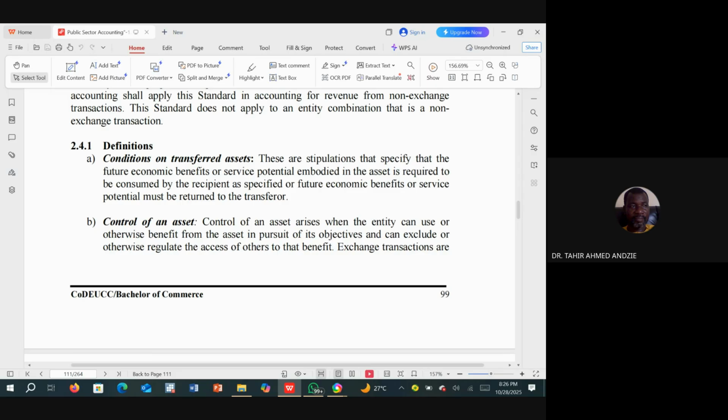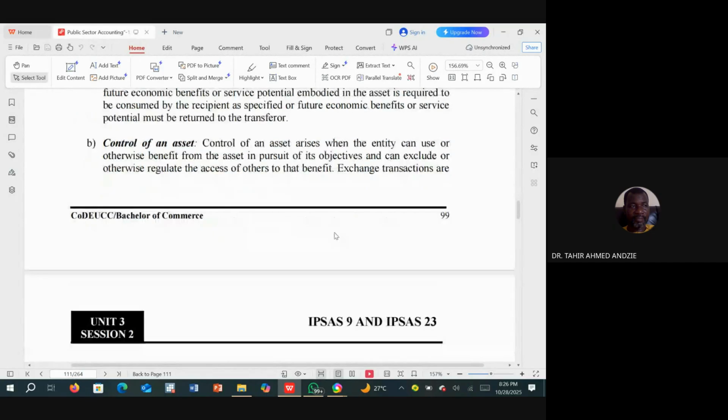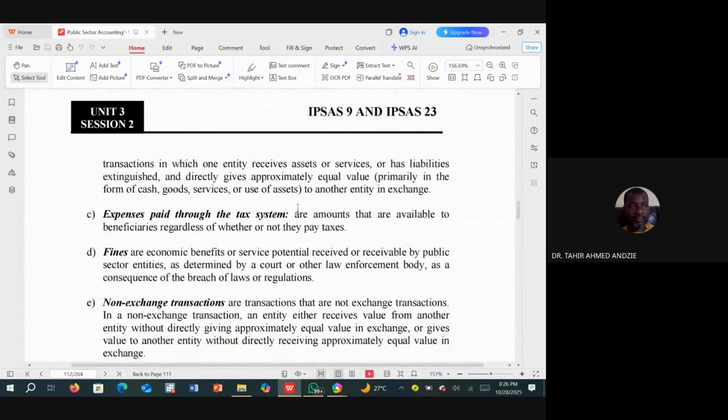Once you have control of an asset, it means that you have the right to use the economic benefit from that asset exclusively, or you have the right to prevent others from using it, or you have the right to regulate the way others can benefit from that asset. It means that you have control of the asset, right? That's what we mean by control.